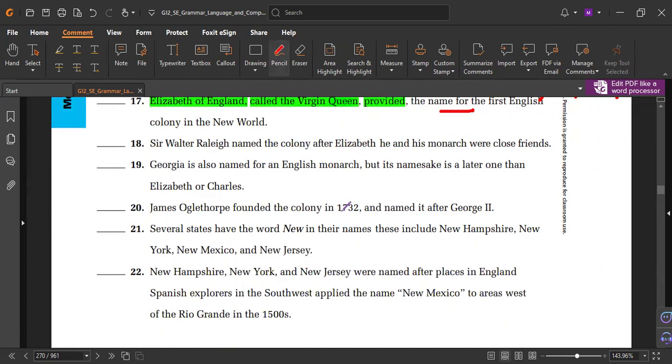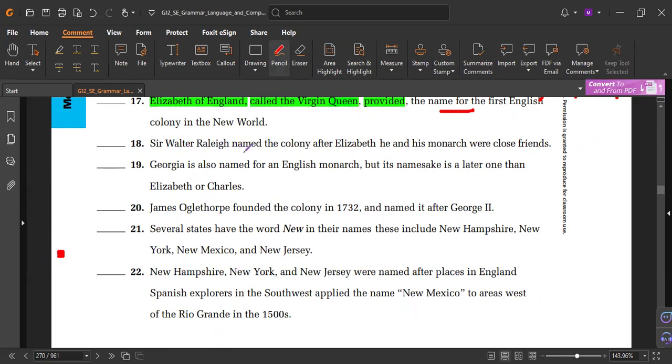Number 18, it's your turn. Is there any mistake or is it correct? "After the name, Sir Walter Raleigh..." Right? After the name. Okay, no problem.